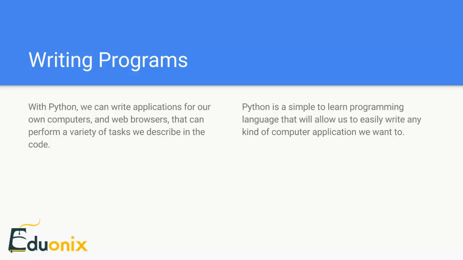Another reason why it's really great to use Python to learn programming for the first time is that it's really easy to read and understand Python code, unlike a lot of the other programming languages that are out there, like C and C++. Once you have a basic understanding of what the different elements of the language are, it's really simple to read any other person's Python code and understand what it's doing.